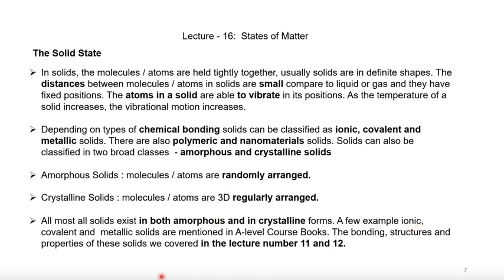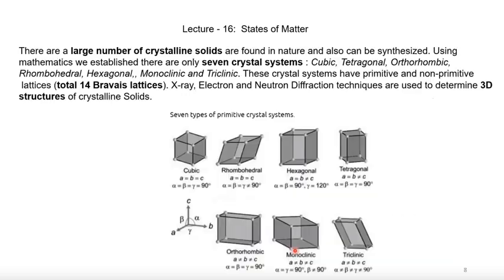A few examples of ionic, covalent, and metallic solids we mentioned in our A-level lectures, specifically the 10th and 12th lectures. Another thing I have to mention is that we have millions of crystals in nature, and we can also synthesize them. But these millions of crystals must belong to one of the 7 crystal systems, which we can establish mathematically.